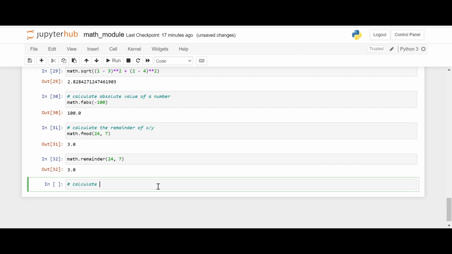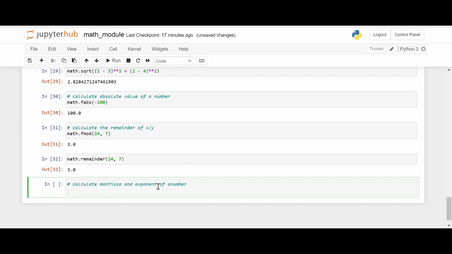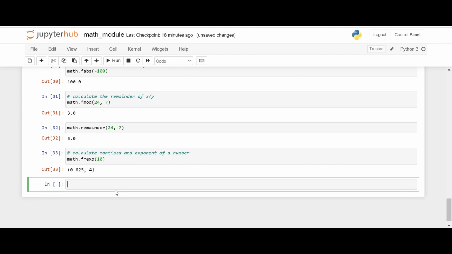Now calculate the mantissa and exponent of a number. I have no idea what this mantissa thing is. So math.frexp of 10.